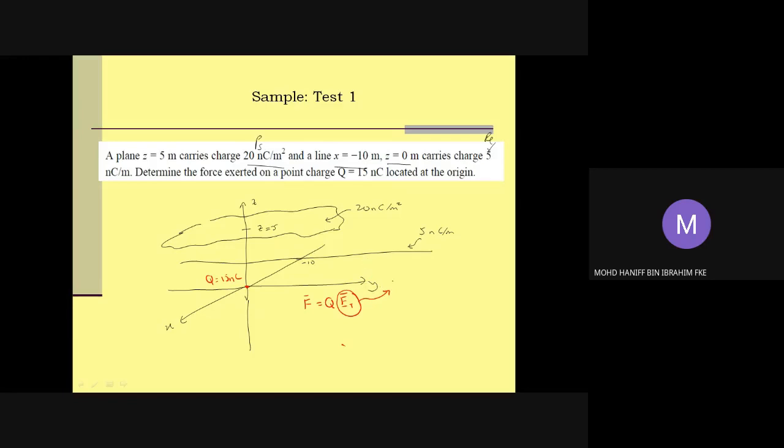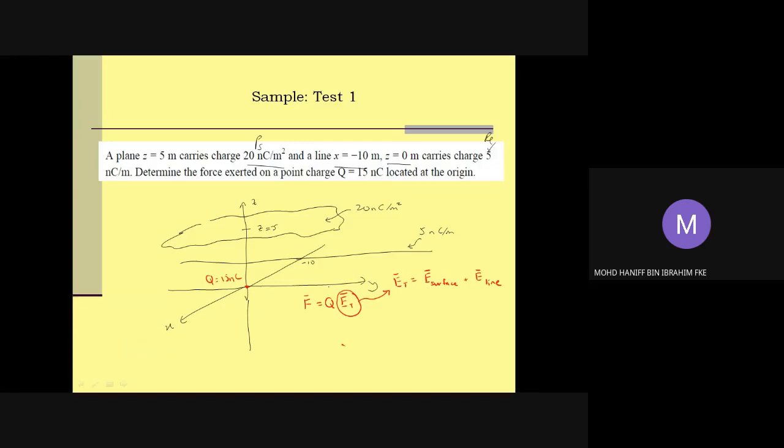We can write E total as the E field produced by the surface charge, plus the E field produced by the line. That is how the total electric field is obtained.